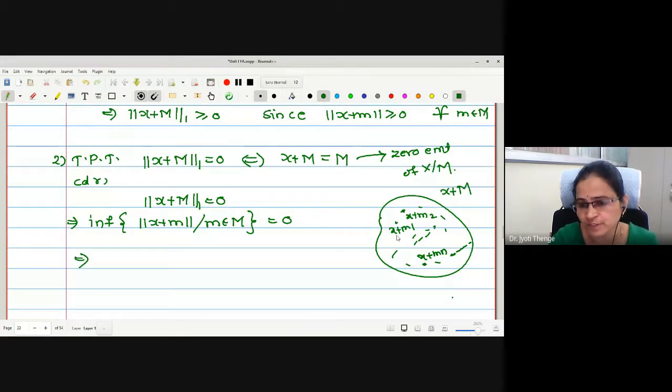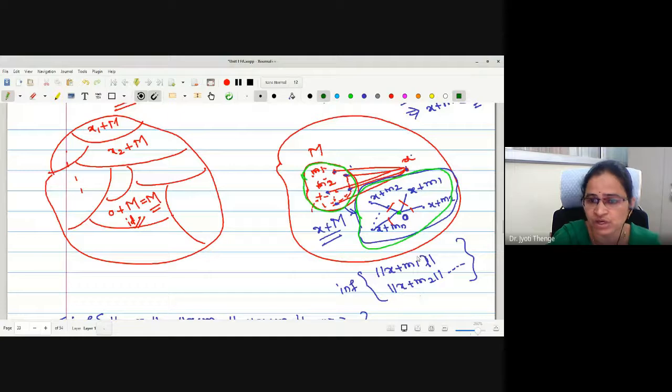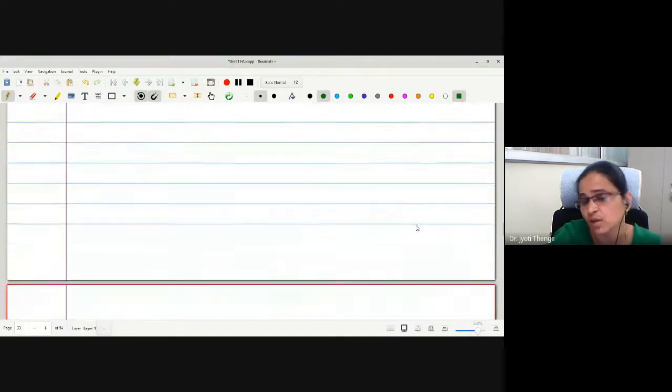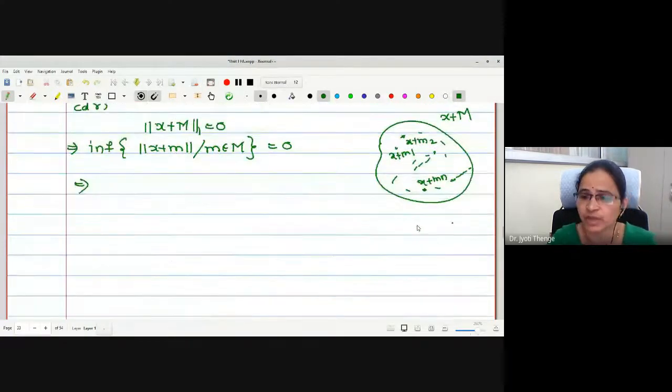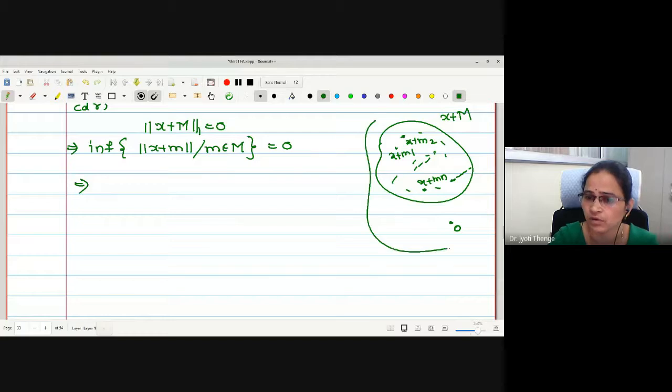Calculating the norm of x plus m1, if 0 of your vector space x is in the same set, then it is okay, as I showed you here, assuming 0 is in the same set. But sometimes the 0 may or may not be in the coset. If 0 is outside, one can check it on the outside.